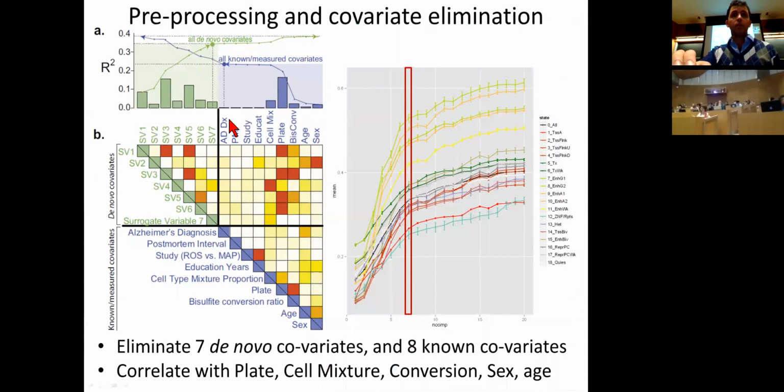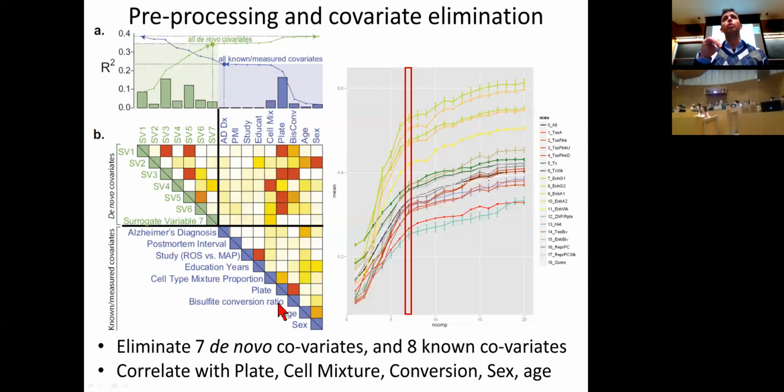All right. So then we can basically ask, well, then what are they? And we can keep going down the list. The number of years of education, or the cell type mixture proportion. Basically, we can estimate what fraction is neurons, what fraction is microglia and astrocytes, oligodendrocytes. The plate on which this was carried out. So basically there were 96-well plates to do the experiment, which plate was used. The bisulfite conversion ratio.